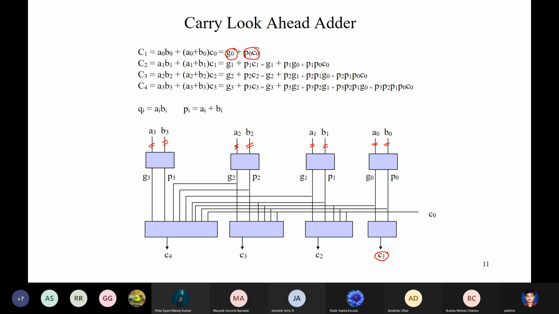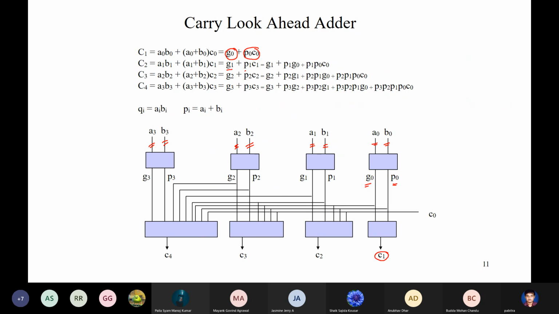I'm writing down the algebraic expressions as if I have some block which takes in A0, B0 and generates G0, P0, and so on, and I have the carry in here. So simple. C1 is G0 plus P0 C0.